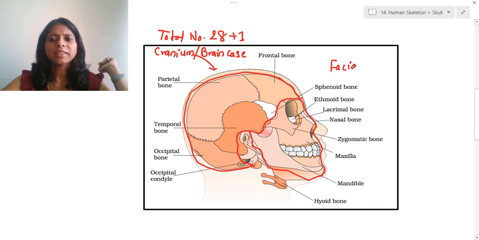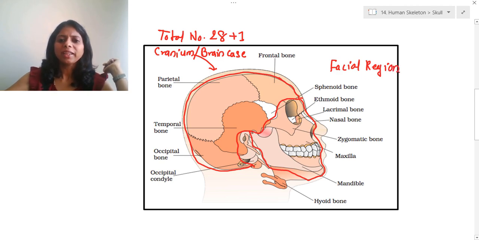Then here the area that remains is a small area, but it cannot be seen easily from outside. The bones in this area are located very much inside our ears. So those are called ear bones.